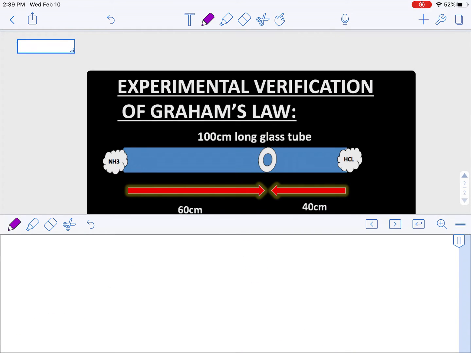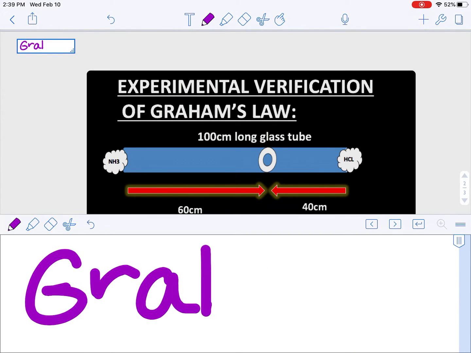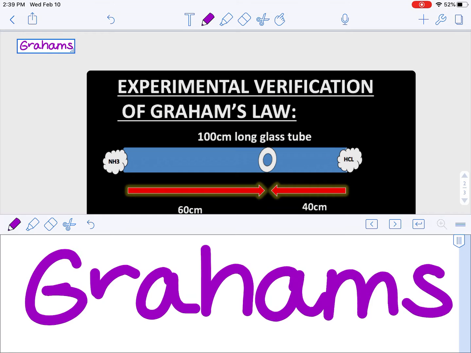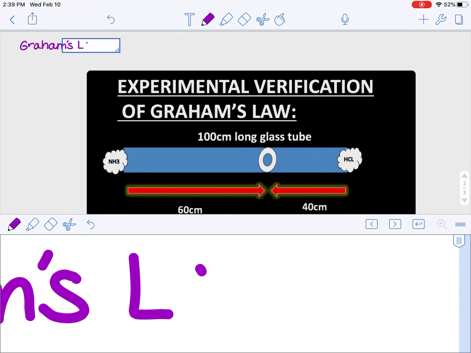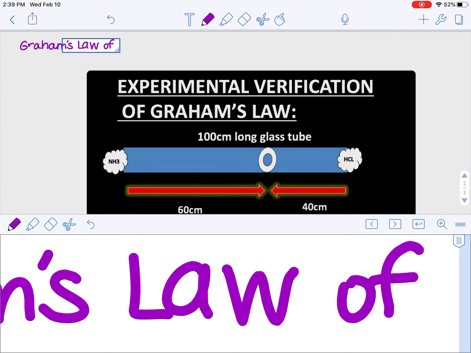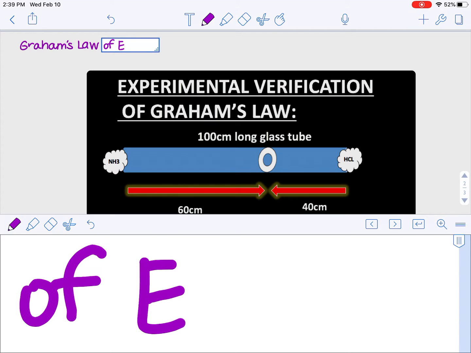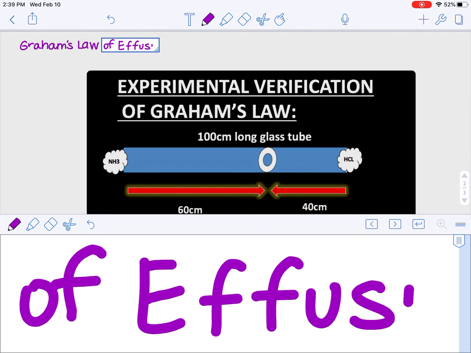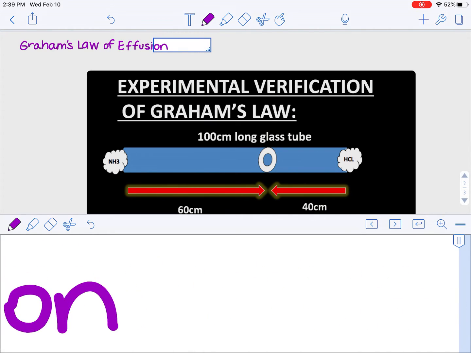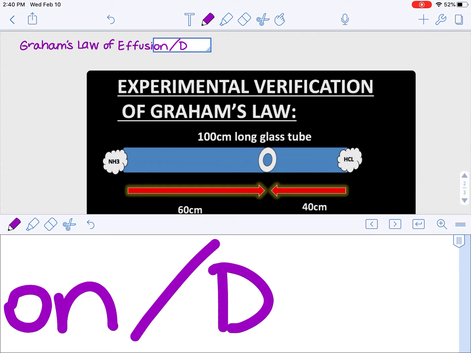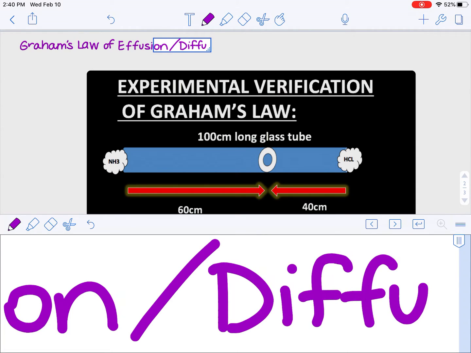Finally, our last new material for today is Graham's law of effusion. Effusion means gases escaping through a pinhole-sized opening.